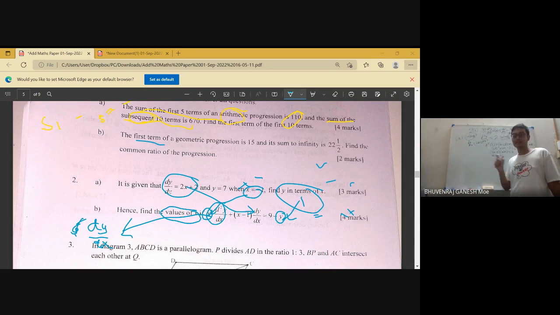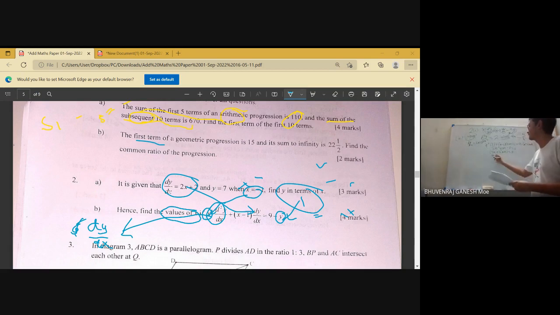Just like when you get length x equals negative 17, of course you will reject that, because there's no such thing as negative length. But it appears because it satisfies the equation above, so you cannot help it. So you have to use your logical sense to reject one value and accept one value. But in this case, it's differentiation, so there's no situation given to reject or accept one value.